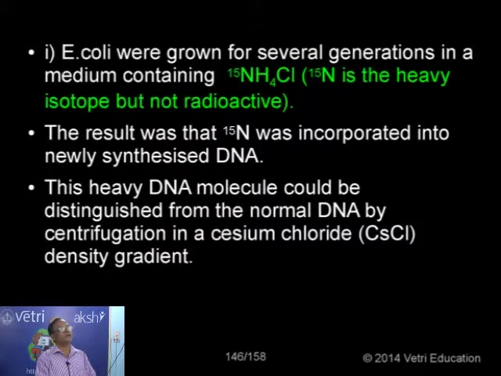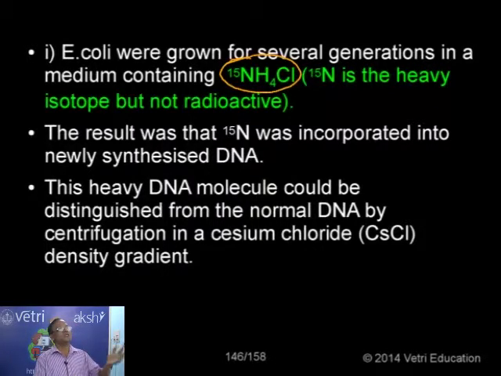They took the E. coli bacterium and cultured it in a medium containing ammonium chloride with heavy nitrogen. This heavy nitrogen is N15. It is a heavy isotope, but it is not radioactive. Normally most isotopes are radioactive, but this one is not. So they cultured the E. coli bacterium in a medium containing ammonium chloride with heavy nitrogen, N15, which is only an isotope and not radioactive.